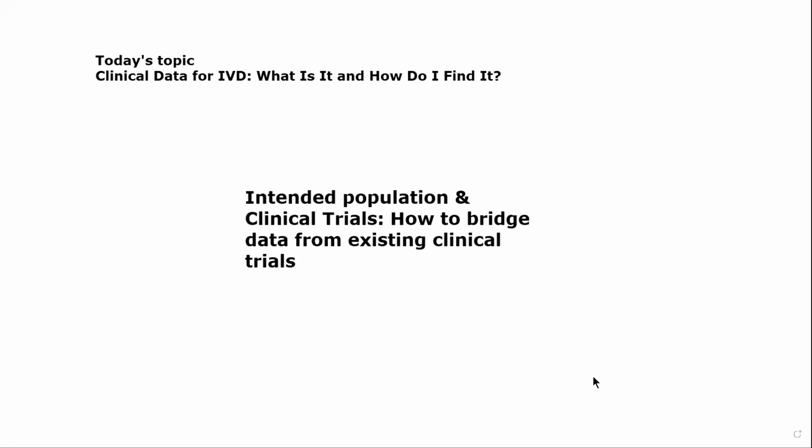That's a distinct population. If you only have internal manufacturer-held data on adult populations, you would want to plan for current or future trials to focus on that pediatric population.